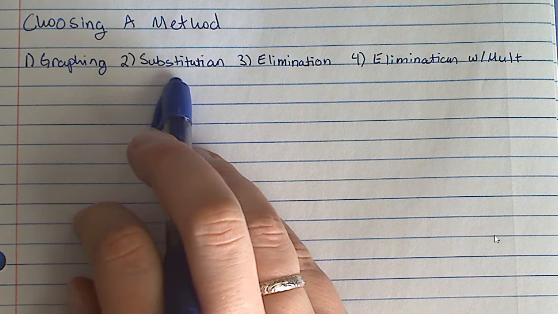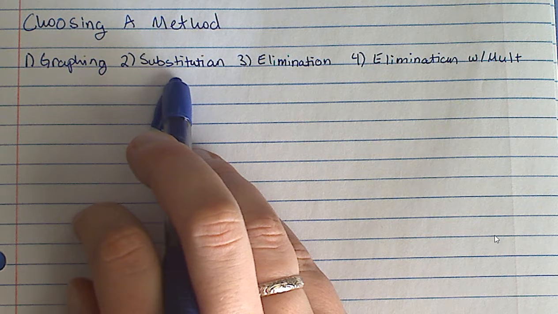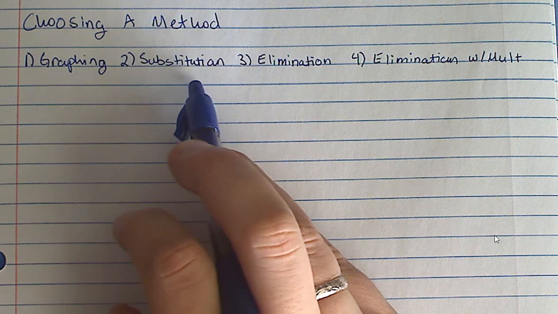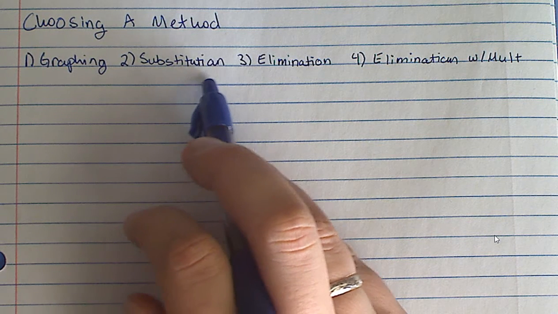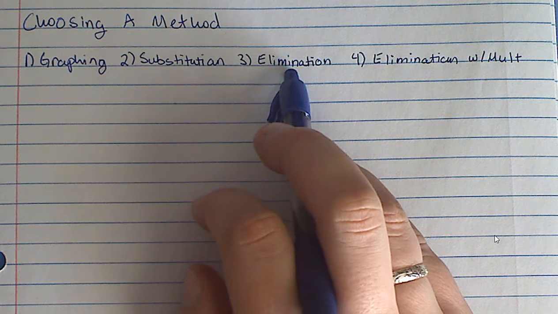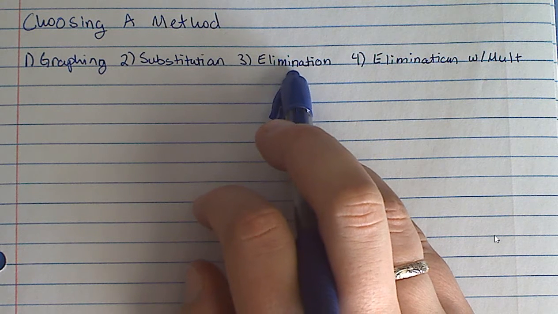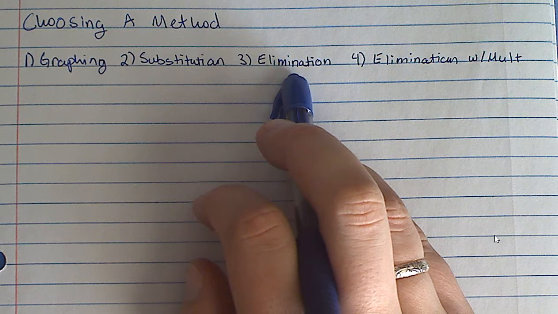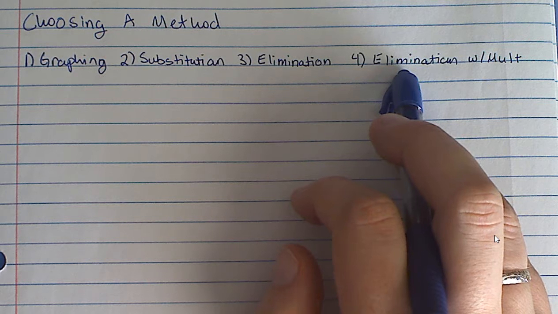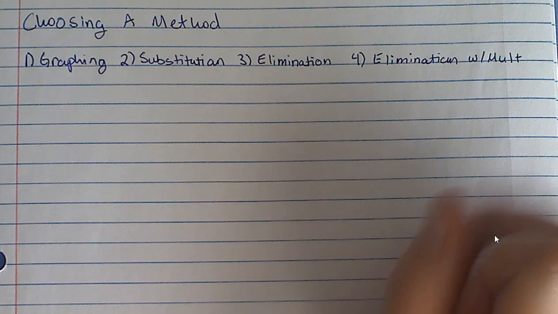Nobody liked using substitution? Okay. Are you guys just not going to admit to liking anything in a math class? Is that what I'm encountering right now? How many of you liked using elimination, where you add or subtract the 2 equations? Okay, cool. And how many of you liked what we learned on Friday, elimination with multiplication? Okay, it was okay. It required too much work.